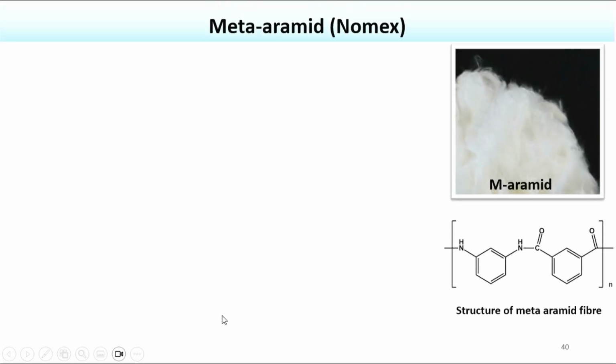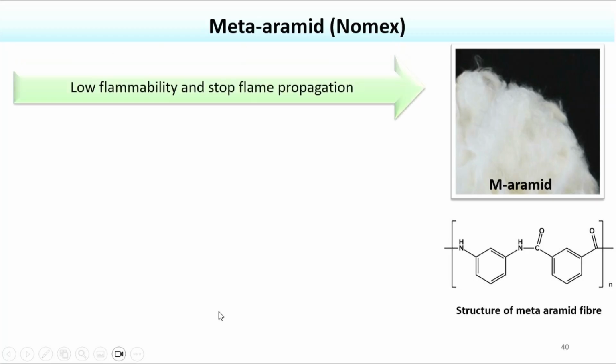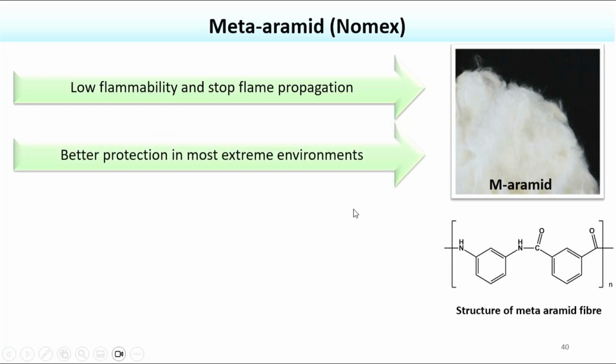Now, let us see the meta-aramid. The thermal characteristics of meta-aramid: low flammability and it stops flame propagation. So, this is very commonly used nowadays. Better protection in most extreme environments.